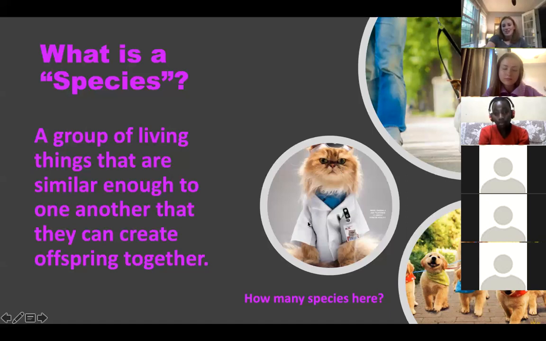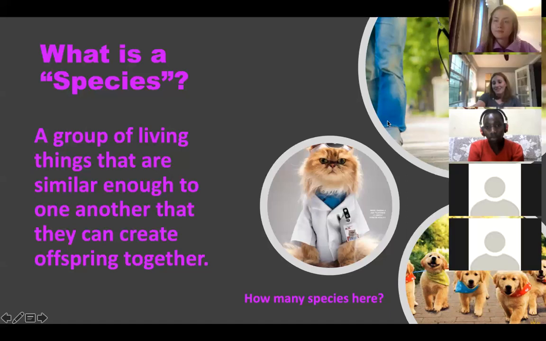In this picture, there's one, so you're correct there. In this, I count at least 4, and I'll explain. So we have humans, that's a species. We got dogs, so that's another. Then we got at least one species of trees, and then at least one species of grass.